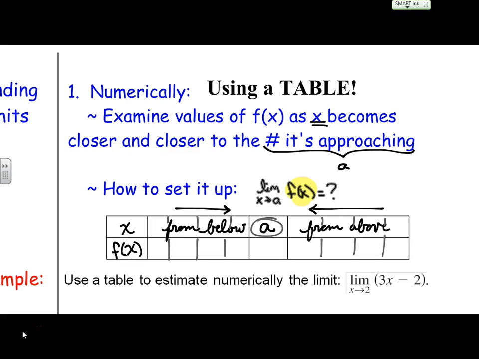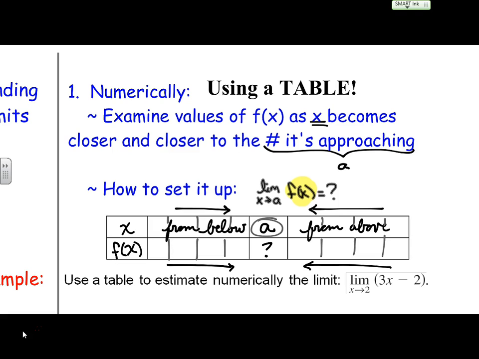What f of x is approaching. If indeed, as you come from below, the y values seem to be converging, approaching a single constant, then the limit will exist and we will say, whatever that number is, L, is the limit.